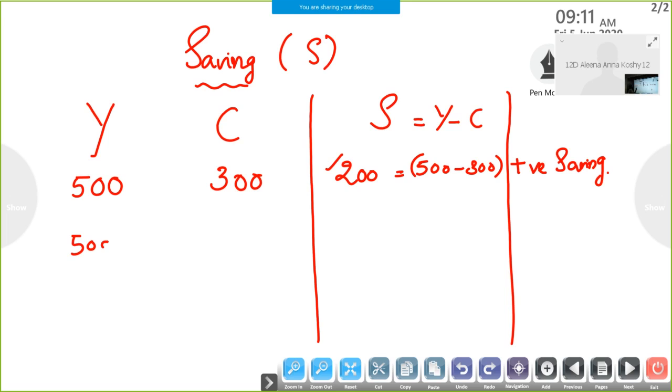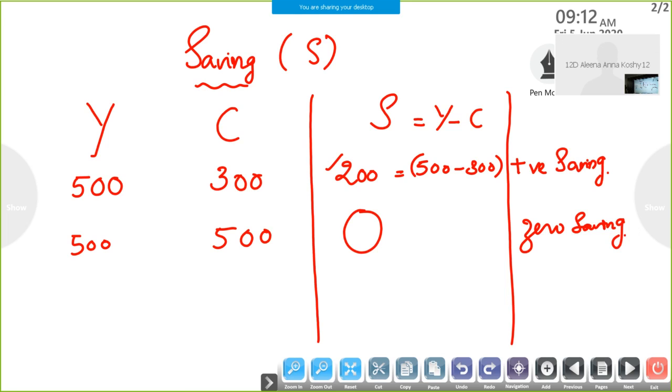So saving is positive. Again the same income I am taking, 500. Consumption also 500. What we will get? Saving is equal to 0. 500 minus 500. This is 0 level of saving. No saving.